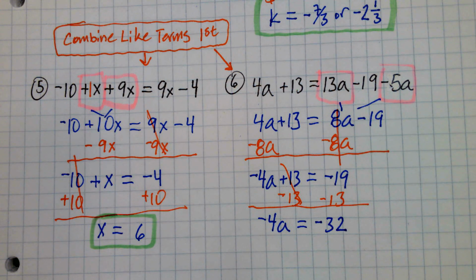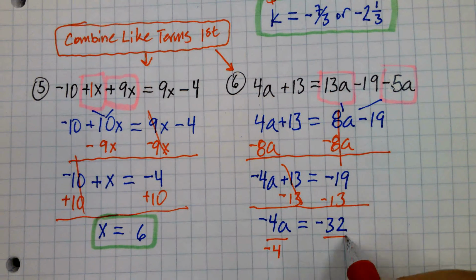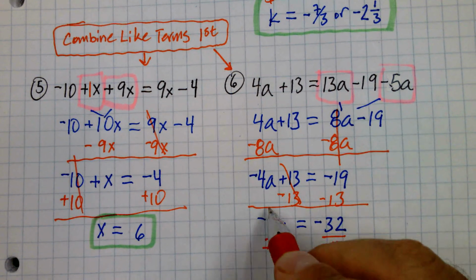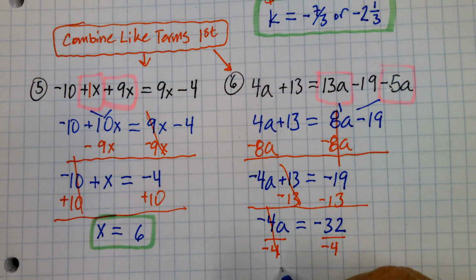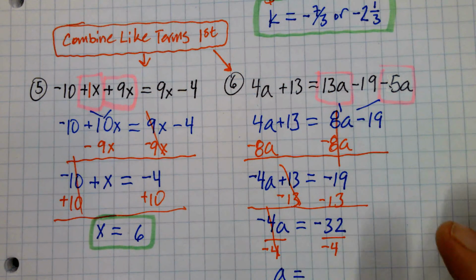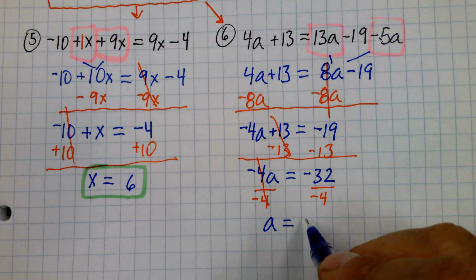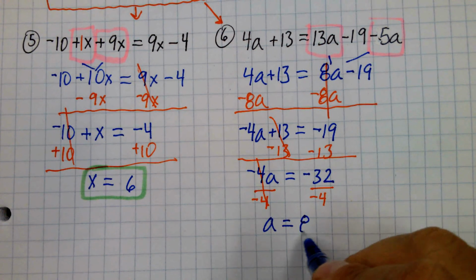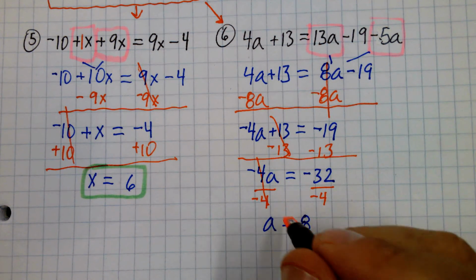And now we'll just divide all that by negative 4. And then a is all by its lonesome. And it's just a matter of what is negative 32 divided by negative 4. 8. Positive 8. So the answer is 8 for a.